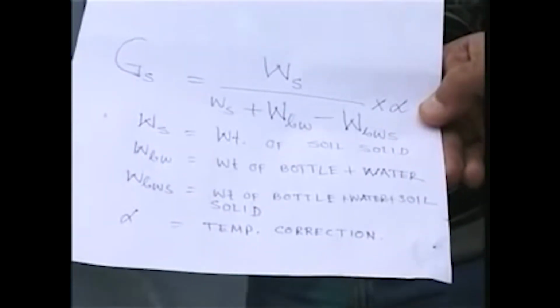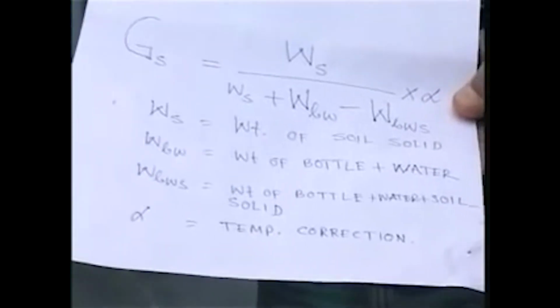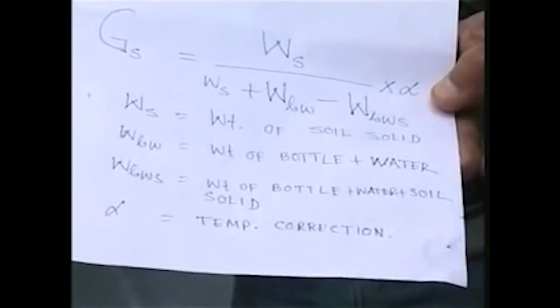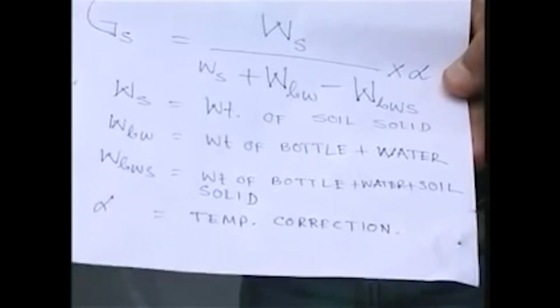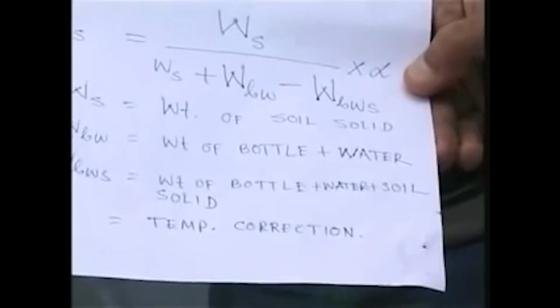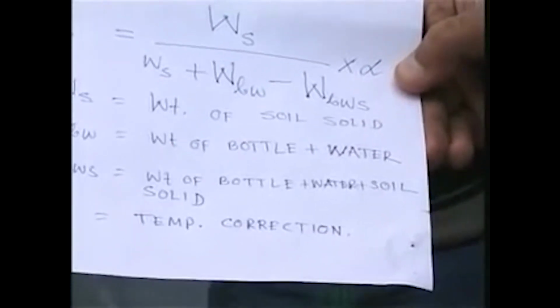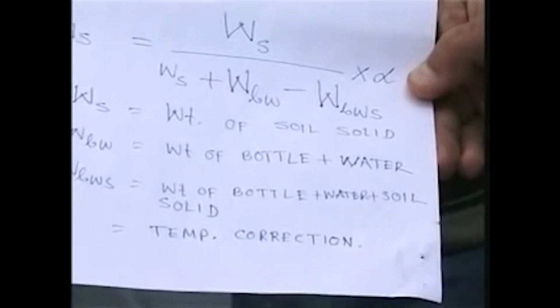W subscript S means the weight of soil solid taken in the flask. W subscript BW means weight of bottle or the flask that we had there plus water, and W subscript BWS is weight of bottle plus water plus soil solid, and alpha, as I was saying, is temperature correction.